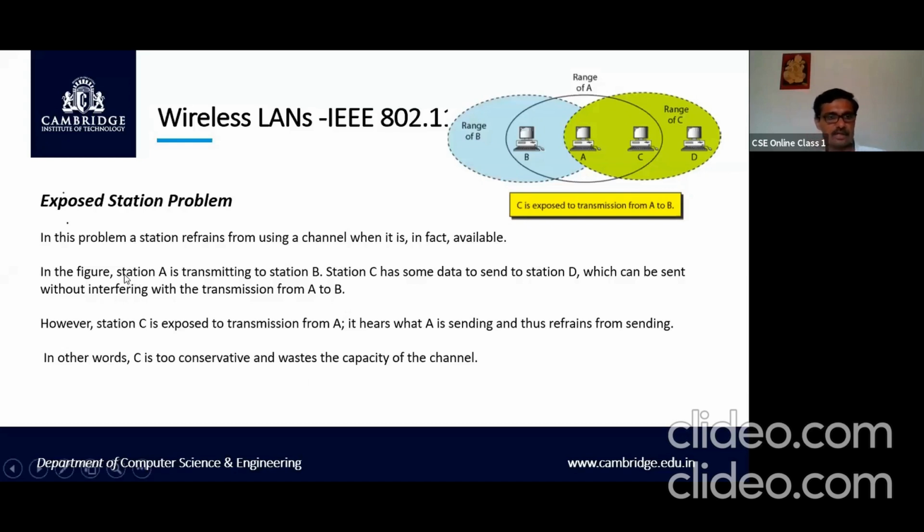Now, let us see the scenario here. Station A is transmitting to station B. Station C has some data to send to station D. This transmission is going on, whereas C also has some data to send to D. And this C cannot send it to D now.